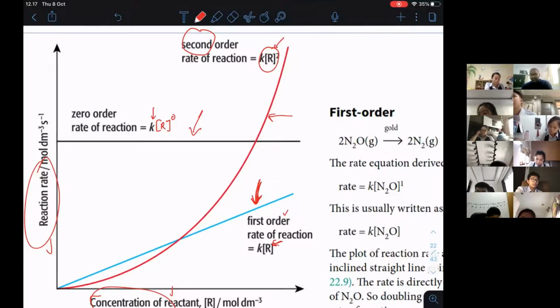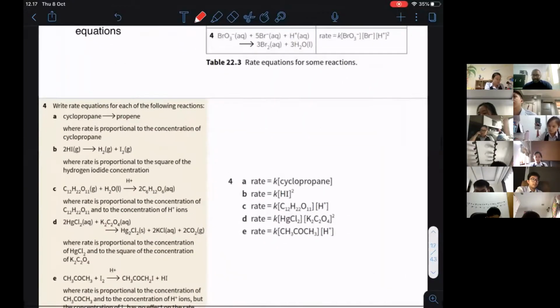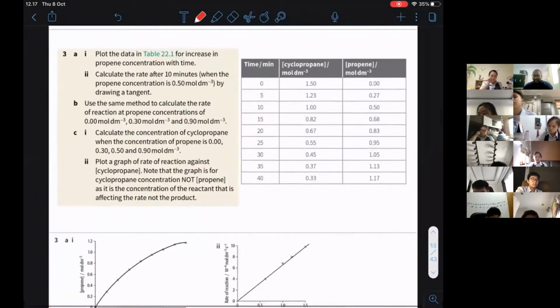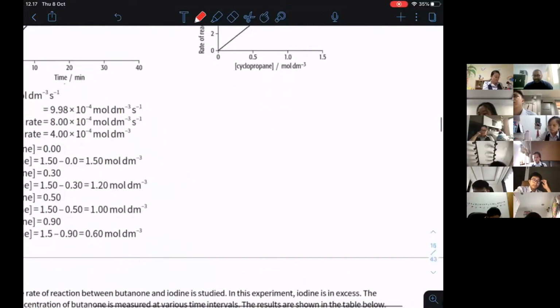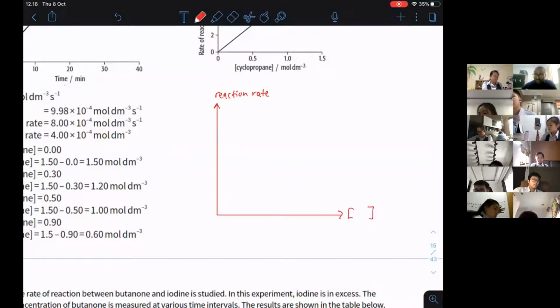So what I want you to understand for today is, I do not know whether you understand all the things I mentioned, but I want you to understand this particular graph for today. The graph is going to be reaction rate, and this one is going to be the concentration. Can you remember this?